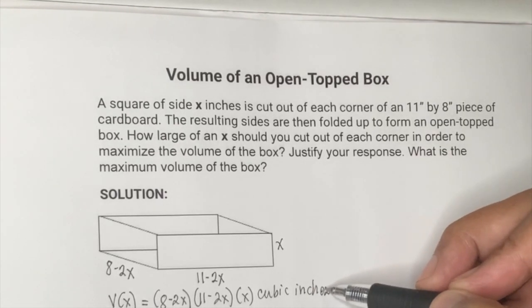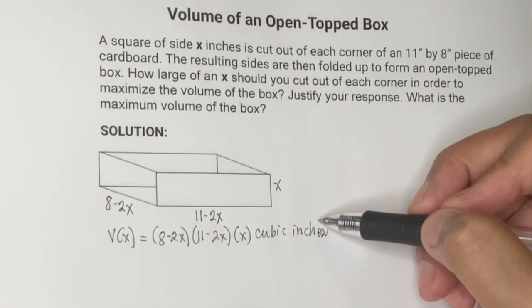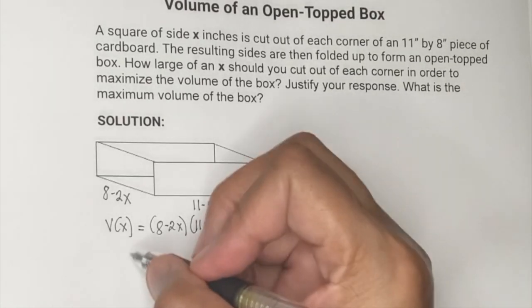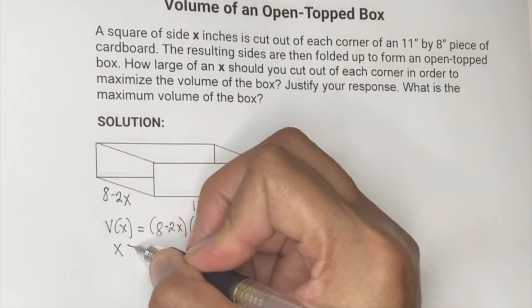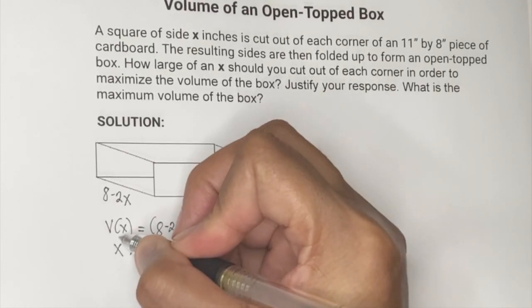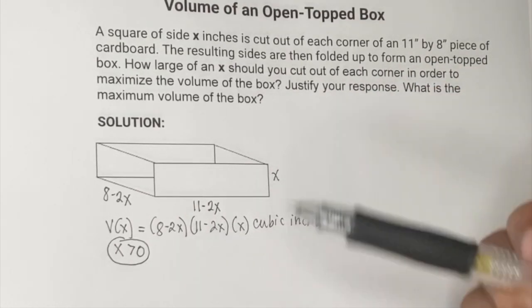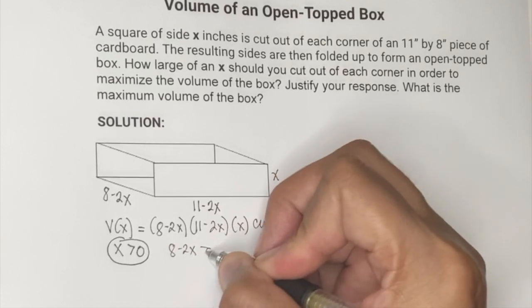So let's determine the domain of v as a function of x, taking into account the restriction that the model imposes on x. So we said x is to be greater than 0. Okay, let us equate 8 minus 2x greater than 0. Subtract both sides by 8.